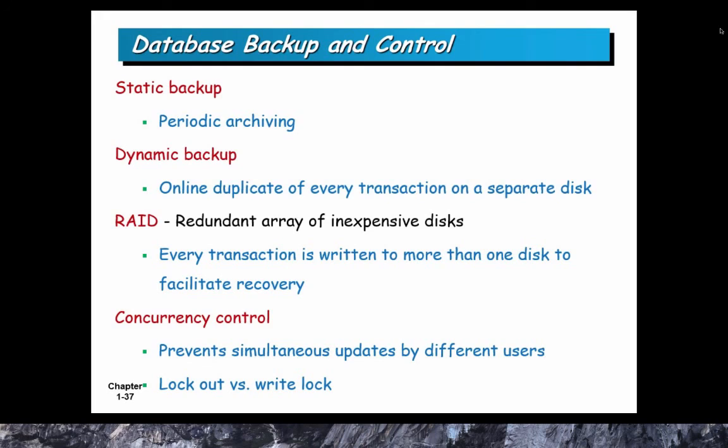Generally speaking, you want to write it to an odd number so that if two agree and one doesn't, you trust the two and assume that the one that didn't agree had some kind of corruption. So RAID is not used to increase your data storage capacity. It's used to create fault tolerance, being able to handle a problem.